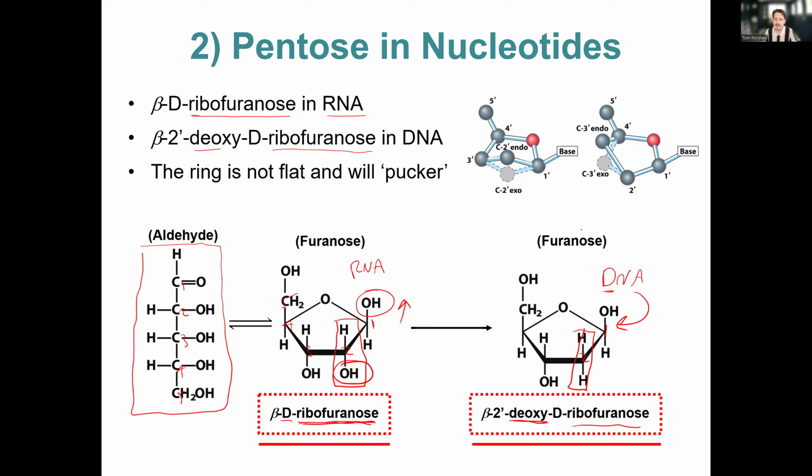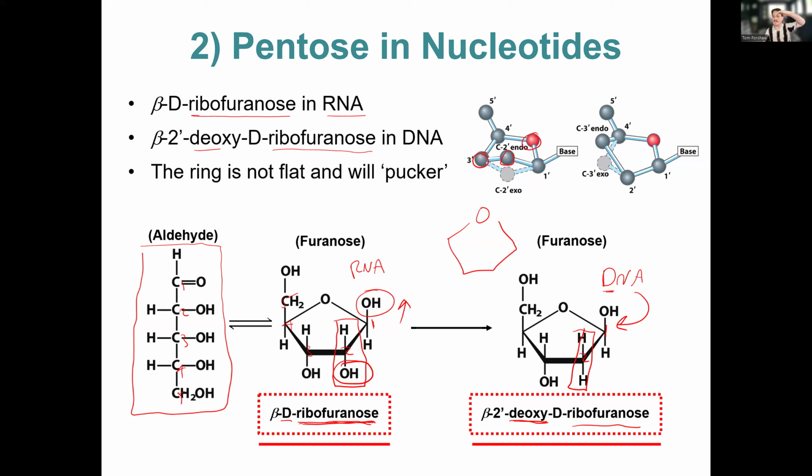Another thing is just a somewhat minor thing. This isn't so important at the undergrad level, but just to notice that this sugar isn't flat. It's not planar. Rather, it's got a slight puckering. This red here is that oxygen. You see that the carbon number 2, or 2' or 3', could be in endo or exo conformations.